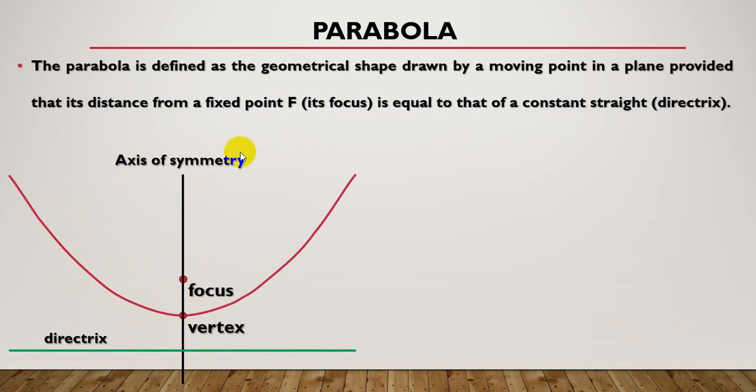What we call symmetry means that half of that curve is exactly the same as the other side. Both sides are exactly similar, like looking in a mirror, so we see the same on the other side, even the distance.